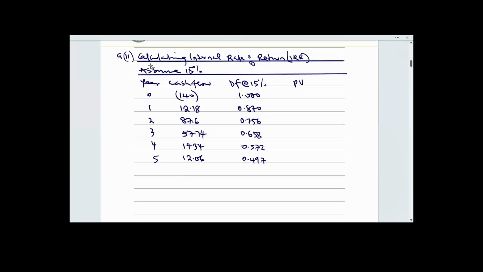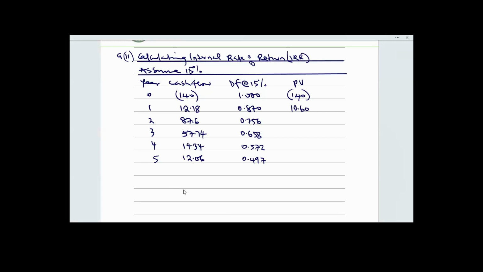So we then determine our present value. Here will be negative 140. Then year 1 present value, 12.18 multiplied by 0.87. That's 10.60.